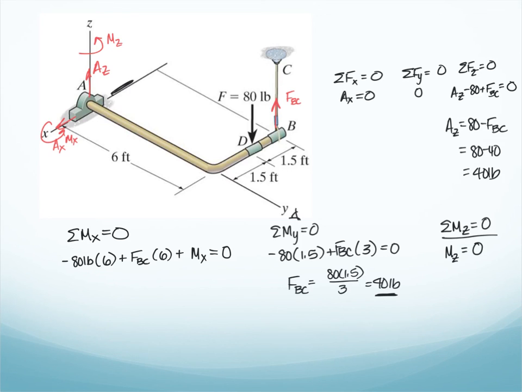And then I can go back and calculate MX is equal to 80 times 6 minus FBC times 6. So this is 480 minus 240, which is equal to 240 pounds times feet. And that's how we can solve this problem.